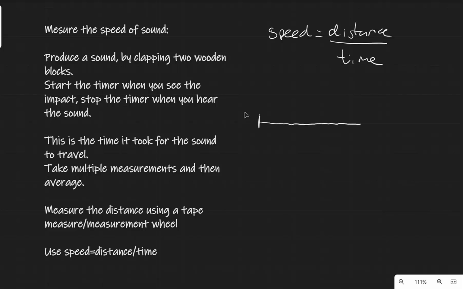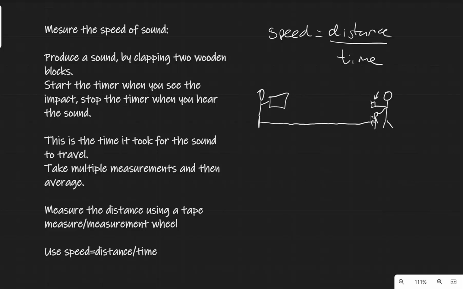Typically we have one person, and all they're doing is clapping two wooden blocks together. If we're over here on the other side with a timer or a stop clock, we're going to start the timer when we actually see the impact.